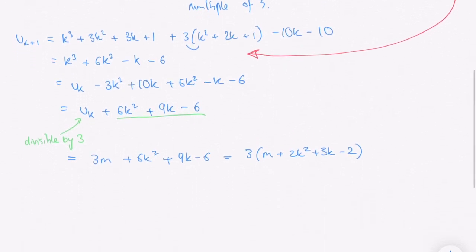So what have we shown? Well, we have shown that if n equals 1, u_n is divisible by 3.